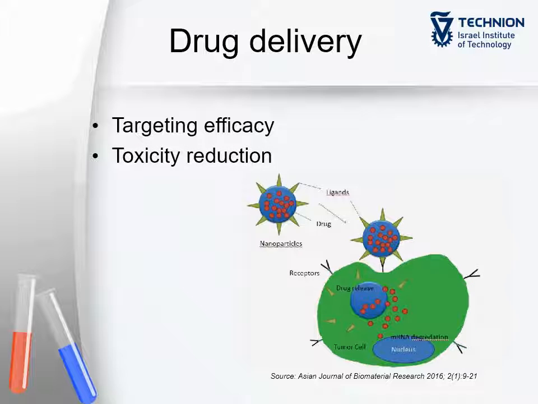Second, most of the drugs are toxic, and because of that, those drugs can kill not only tumor cells but also healthy cells, which we don't want to happen. So, by packing them with nanoparticles or drug carriers, we can save innocent cells.